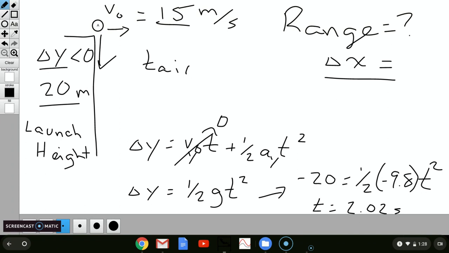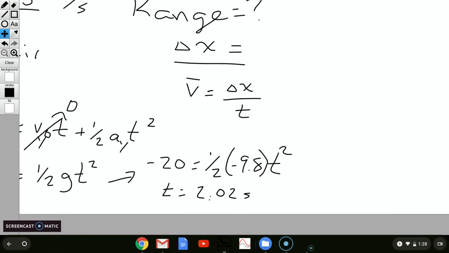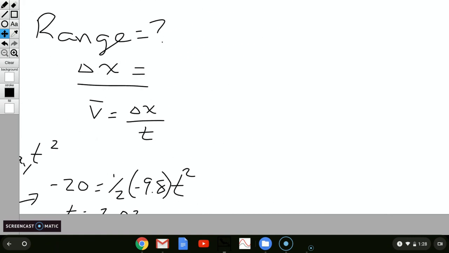So again, we can use this equation. And remember, I'm using x instead of d, so we avoid confusion. I'm going to scooch over to some more whiteboard here. And we get an initial velocity of 15 equals my delta x all over the time that it's spent in the air.